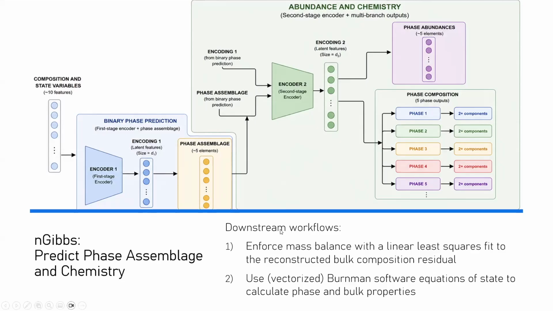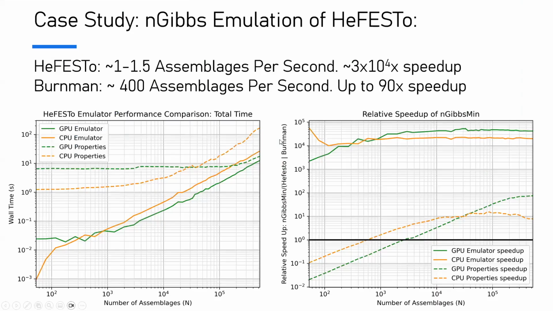Additionally, I have vectorized some of the Burnman equations of state and got a pretty good speed up there, about 15x, so that we're able to get properties from these outputs of the emulator as well. So we'll see a bit more about that.